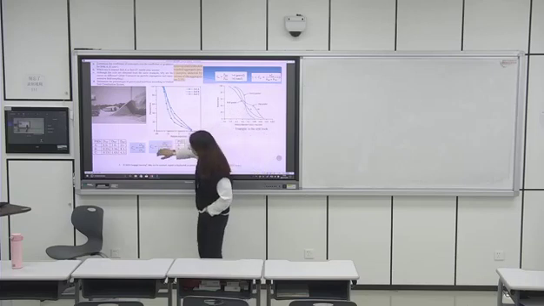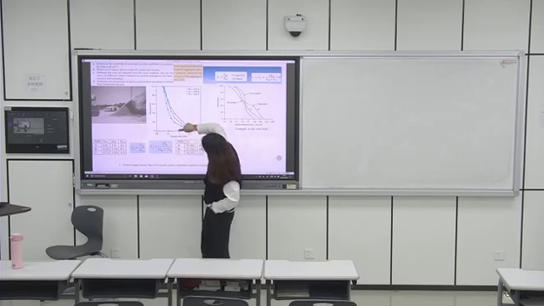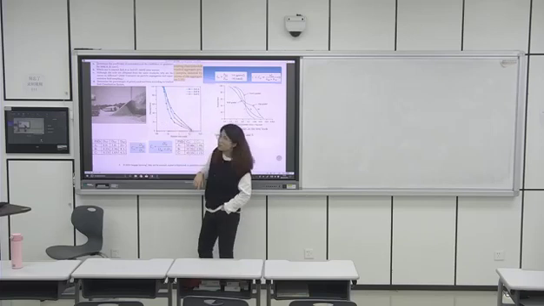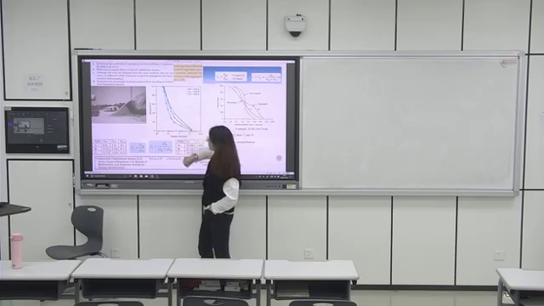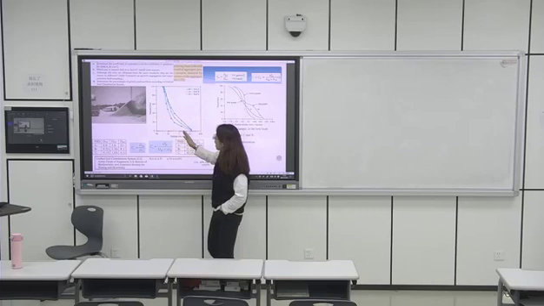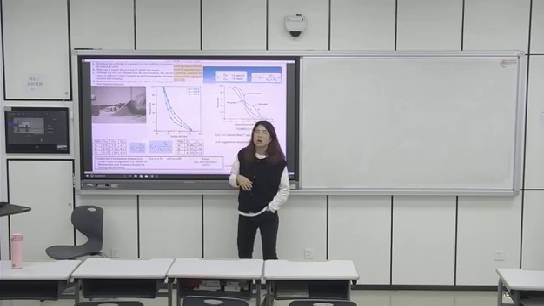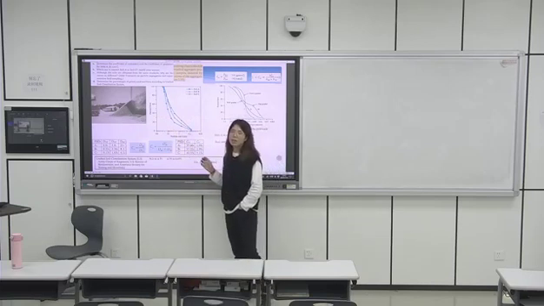If you, sorry, I can't find the pen. So if you find 1 millimeter in here, you will find that less than 1 millimeter, on this side, soil A has a percentage passing of no more than 20, and soil B is almost 20, and soil C is higher than 20, right? That means soil A has much fewer particles less than 1 millimeter.